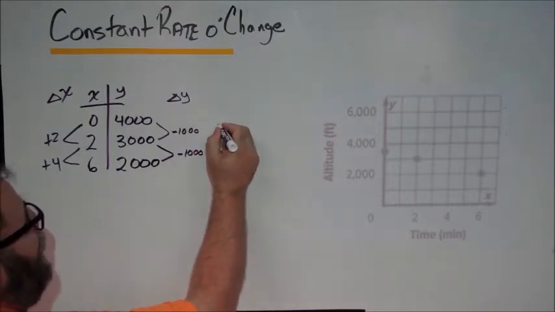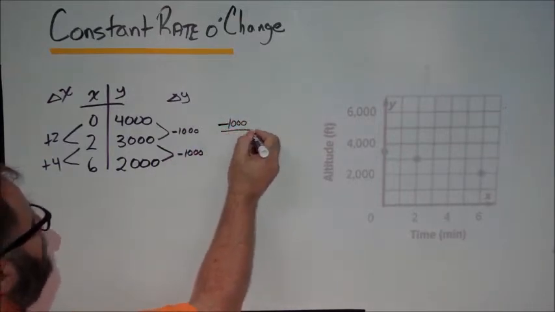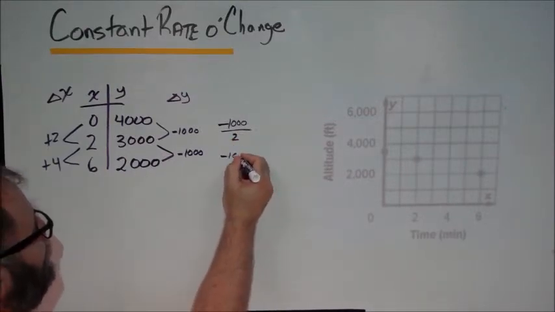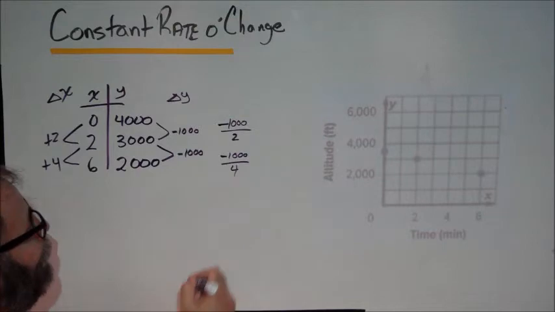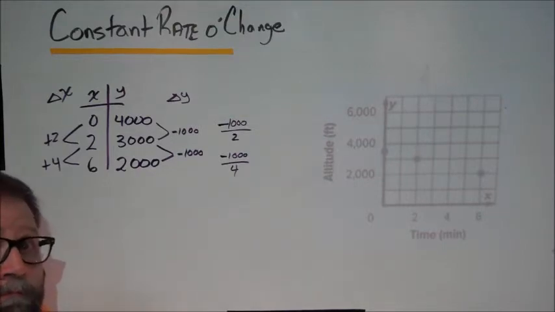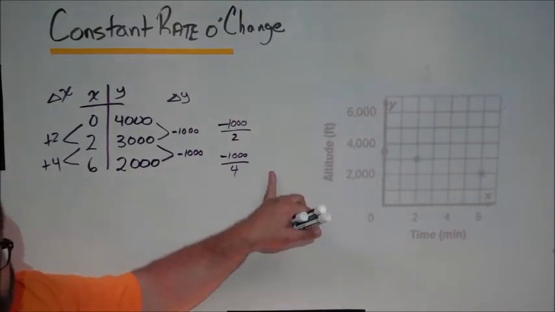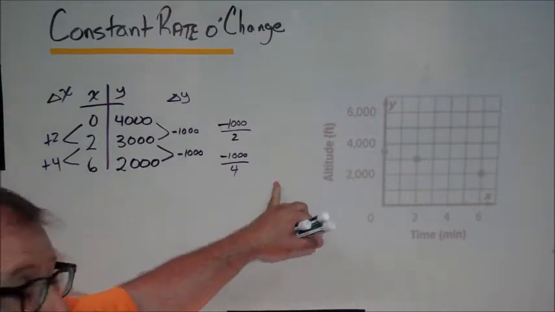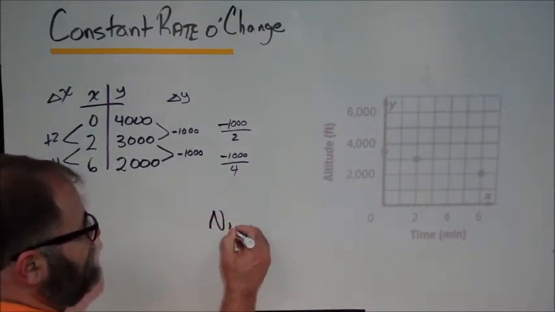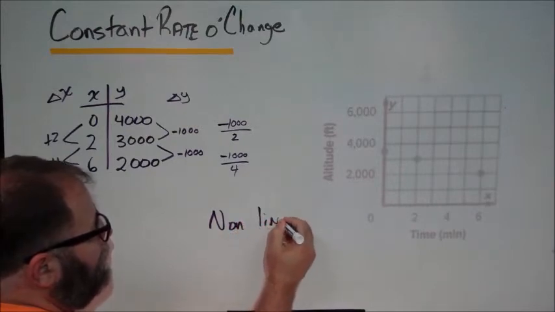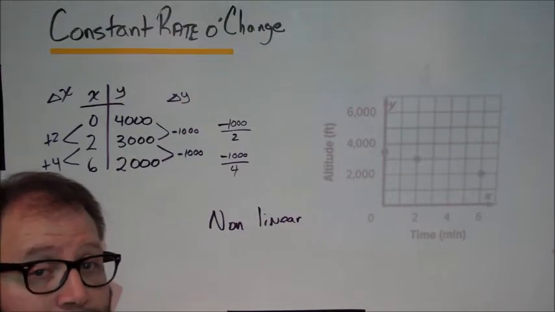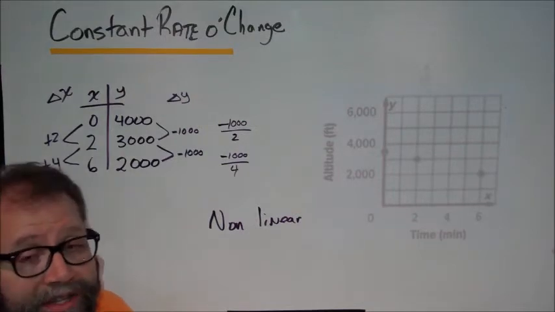Now here I've got y over x, negative 1,000 over 2. And here I've got negative 1,000 over 4. We don't have a constant rate of change. Now because we don't have a constant rate of change, this is non-linear. So we don't even have to check for proportionality because it can't be proportional when it's non-linear.